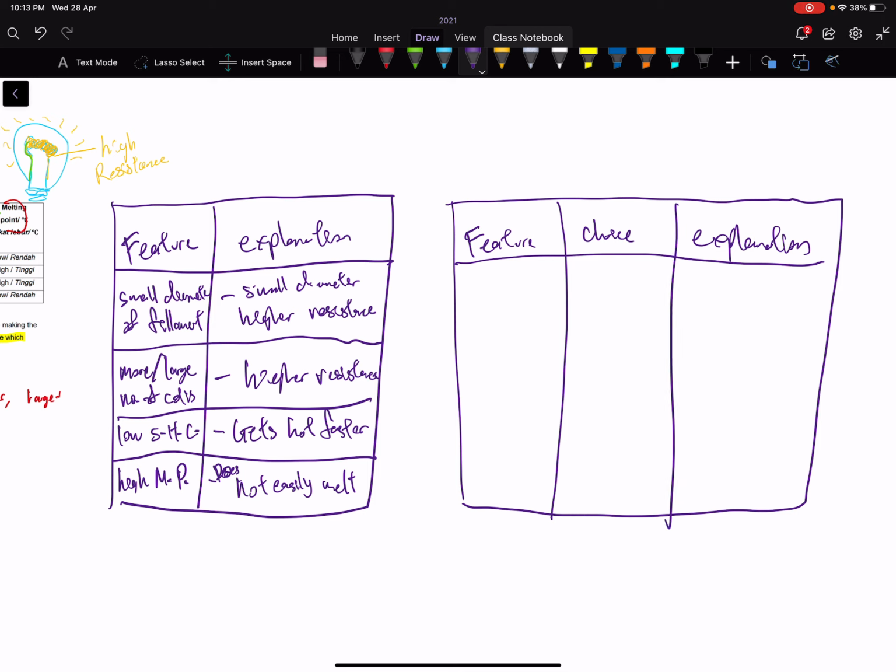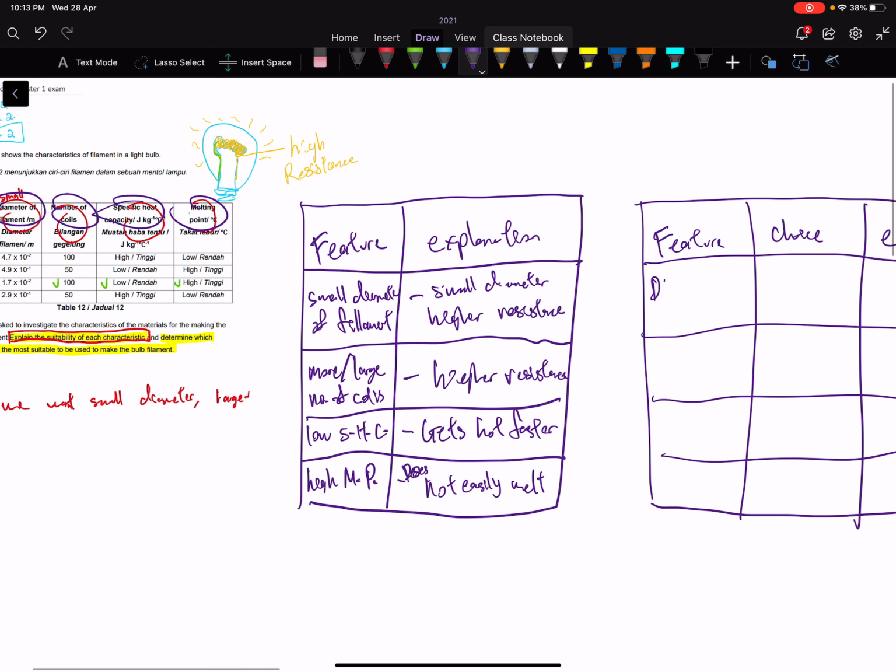Instead of choosing which feature you want first, we're just going to copy these factors over here. The first one would be diameter of filament, and then number of coils, and then specific heat capacity and melting point.